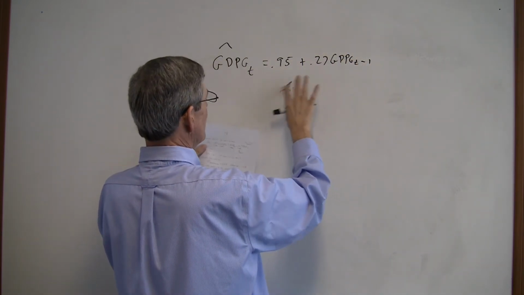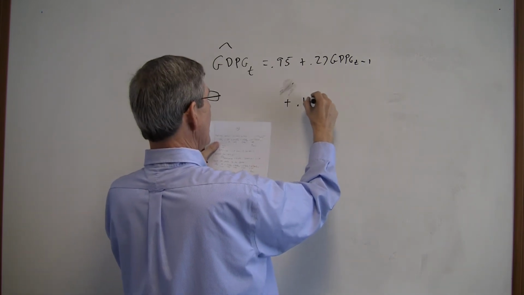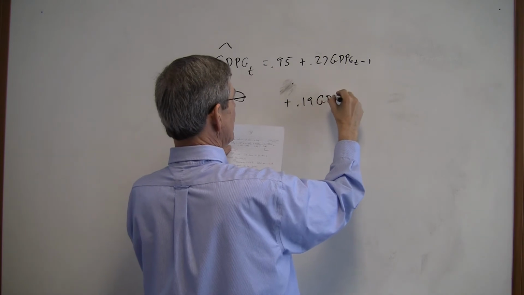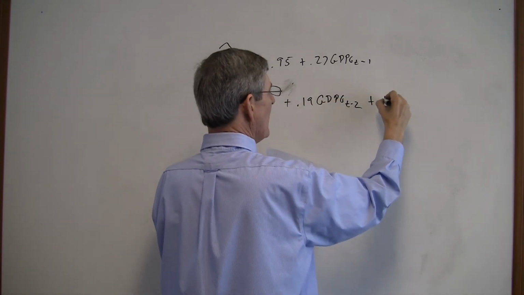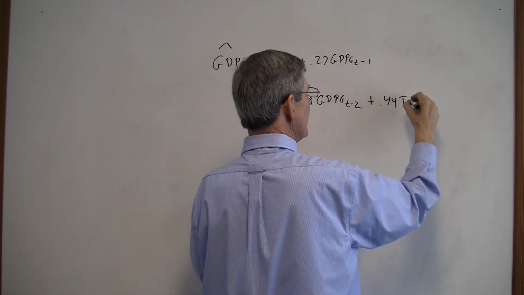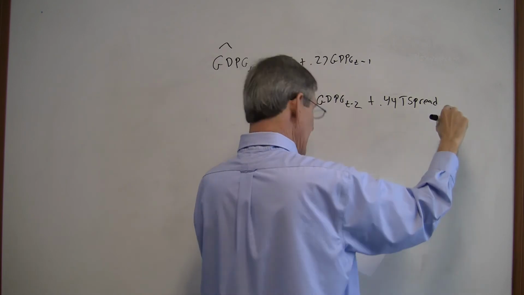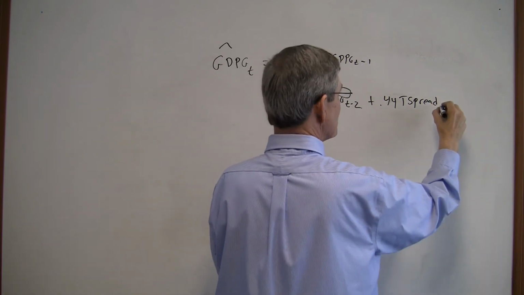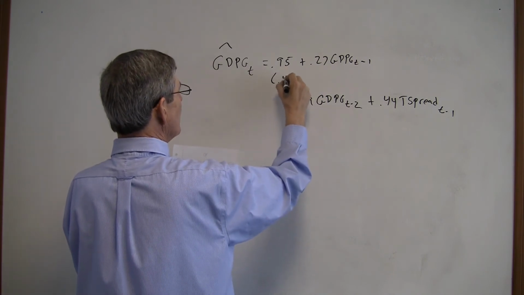Plus, I need a little more room for the standard errors. Plus 0.19 GDP growth at t minus 2 plus 0.44 T-spread. They call it the T-spread. The term spread at t minus 1. And then they give you the standard errors.